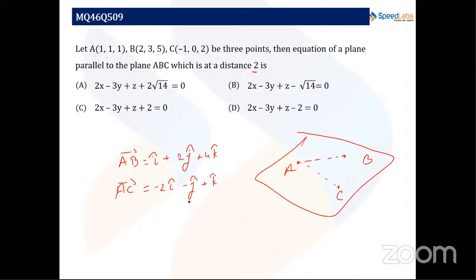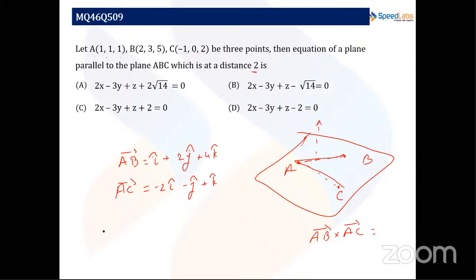So we have the two vectors along the plane. For the equation of the plane, the basic condition is you need to find a vector perpendicular to the plane. We know that the cross product of two coplanar vectors gives a vector which is perpendicular to the plane.